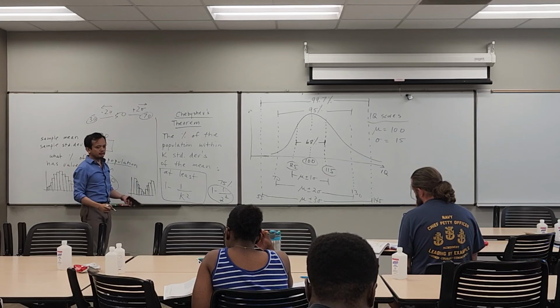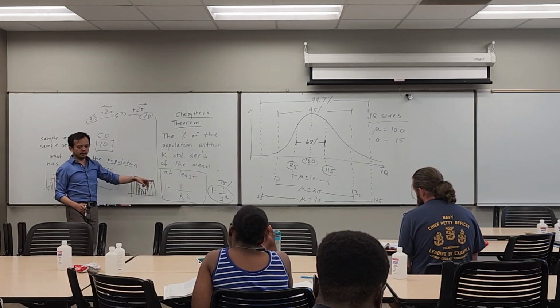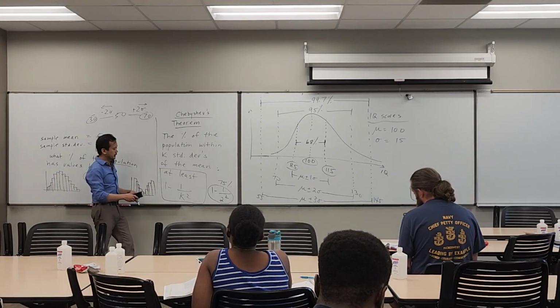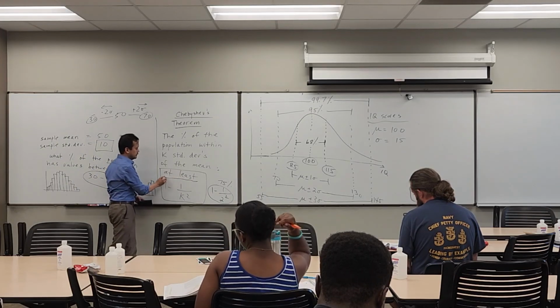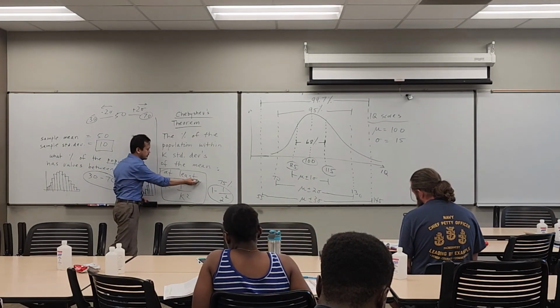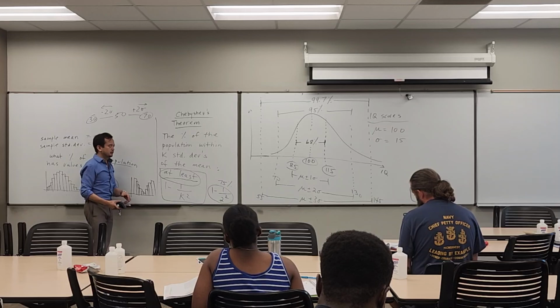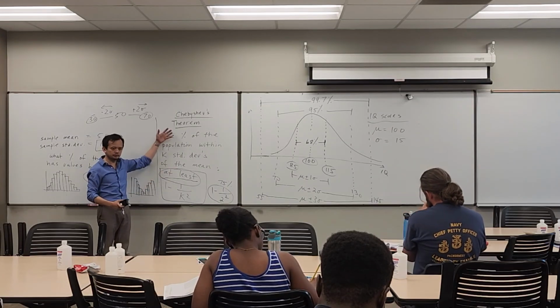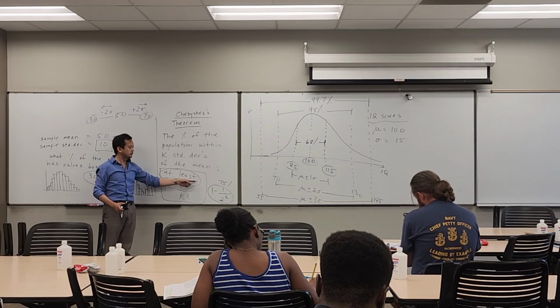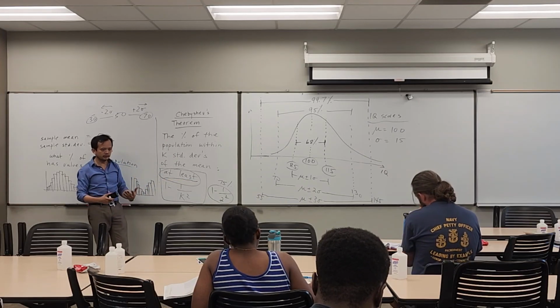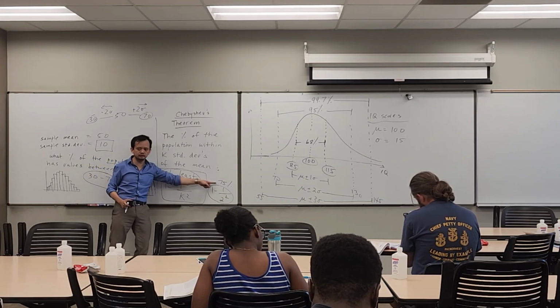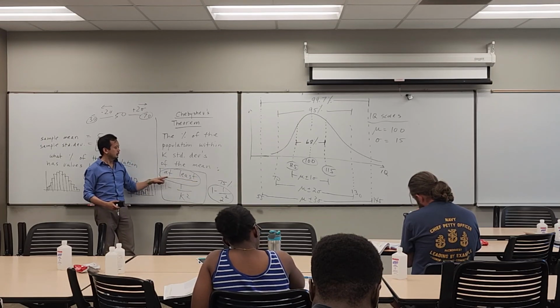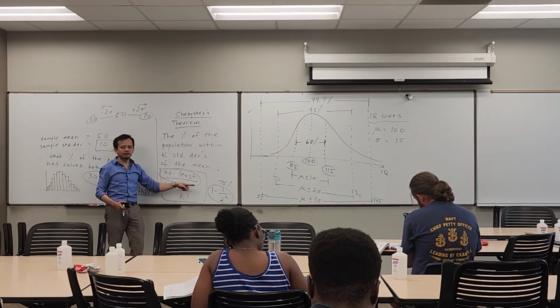So that number, 75%, is only one important part of the answer. The second important part is this qualifier of at least. This is acknowledging that because we don't know what the distribution is, this actually works for all distributions. We don't know what the specific distribution is, so we can't say exactly what the answer is, but we know that the answer is at least 75%.